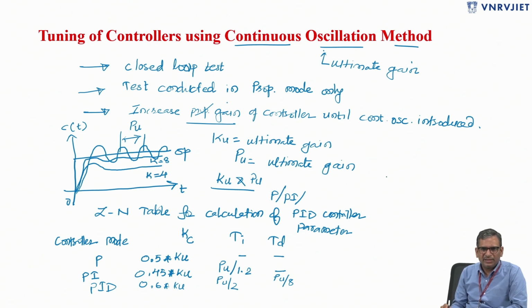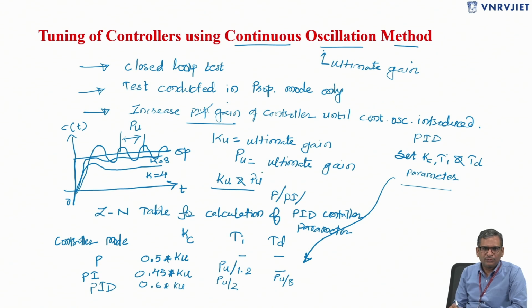Once we have these Kc, Ti, Td parameters, say I'm going to use a PID controller. We'll set the Kc, Ti and Td values as per the calculation. Those calculated values I will use to set the controller, and then I will use this controller to control the given process.